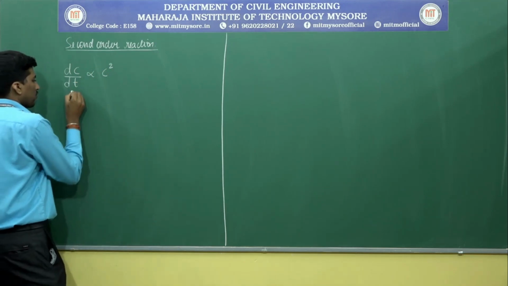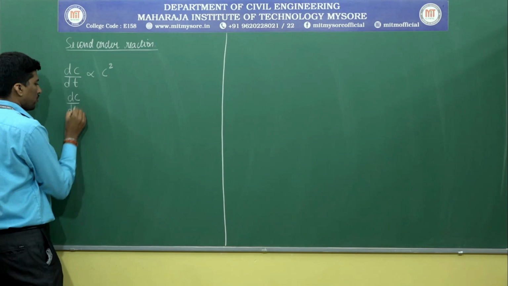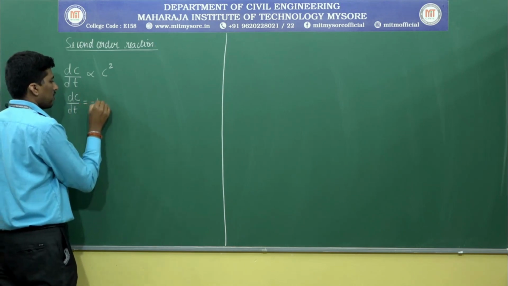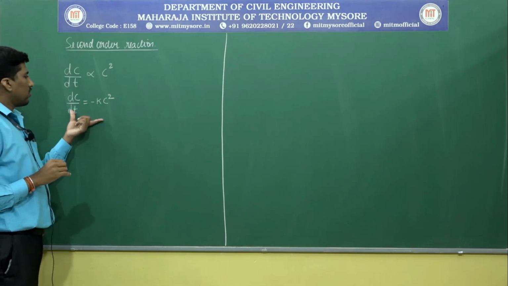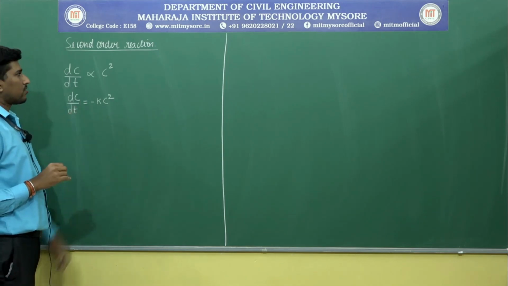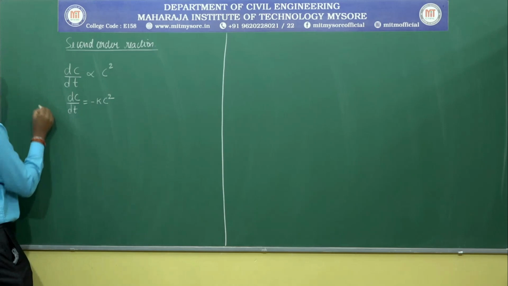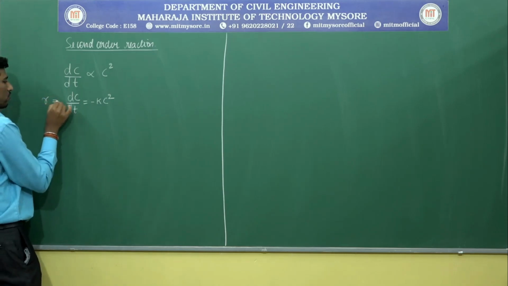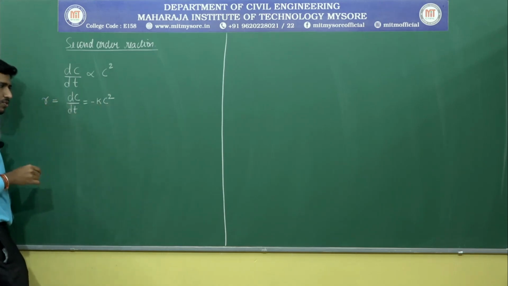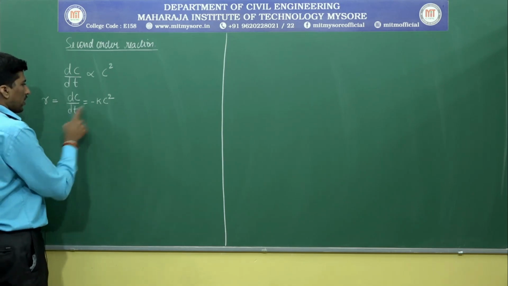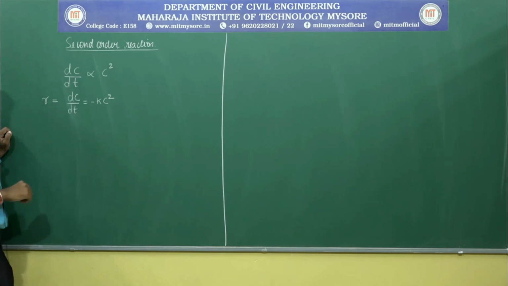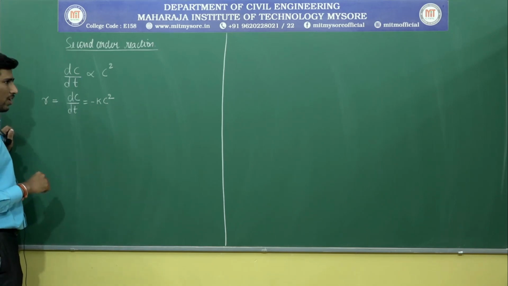If we remove the proportionality, we need to introduce the constant minus k into c square. We designate it as R is equal to dc by dt is equal to minus kc square. Now, I want to know what the solution is for this equation.